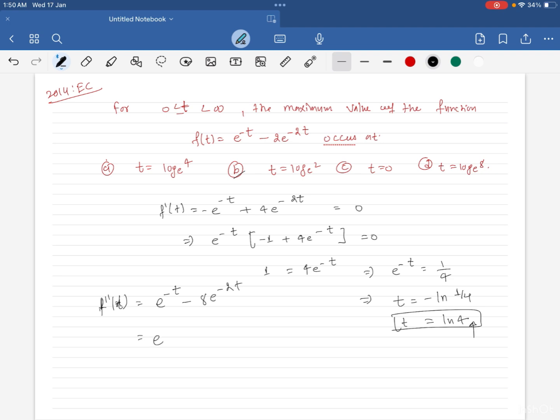e to the power minus ln 4, we can write it as 1 by 4, so that would be 1 by 4 minus 8 into 1 by 16.